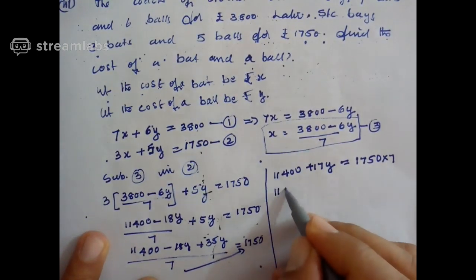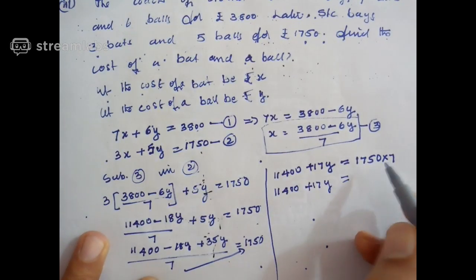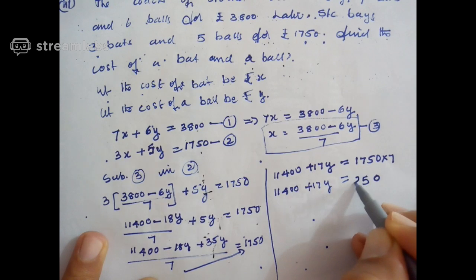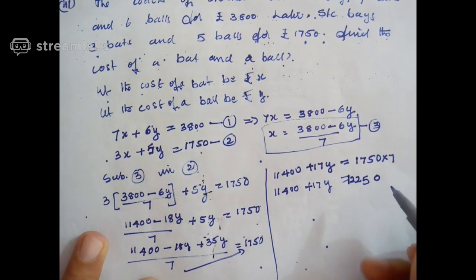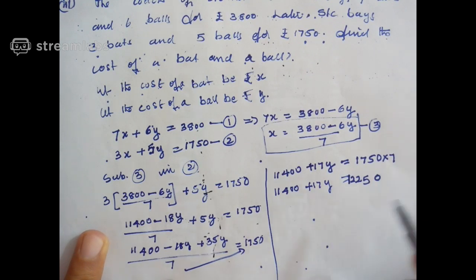That is 11,400 plus 17y is equal to 1750 into 7. 1750 into 7 is 12,250.